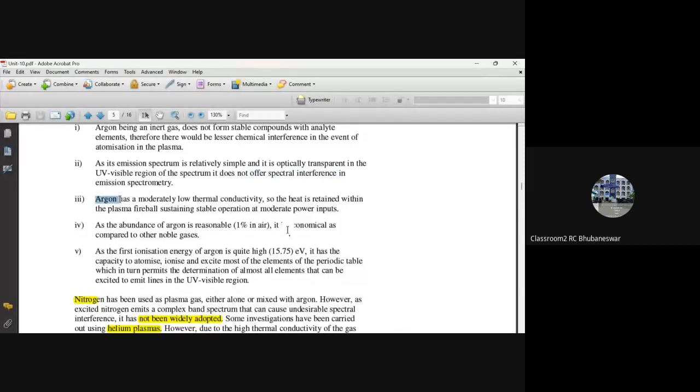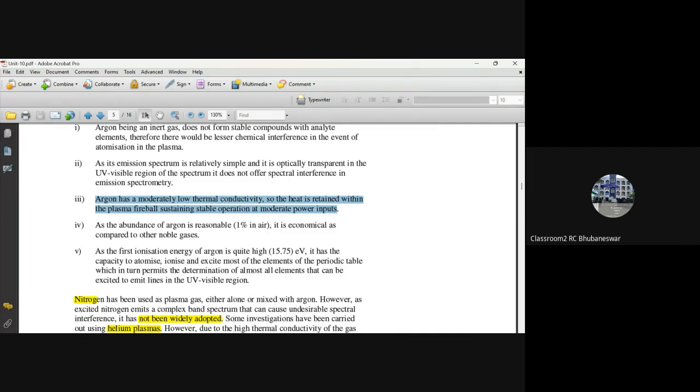Then argon has a moderately low thermal conductivity, so the heat is retained within the plasma and sustains stable operation at moderate power inputs.